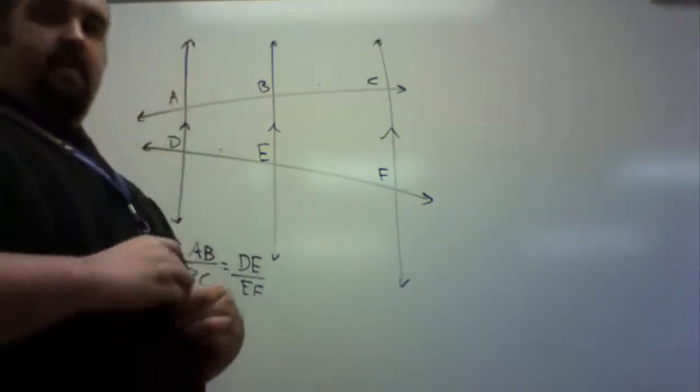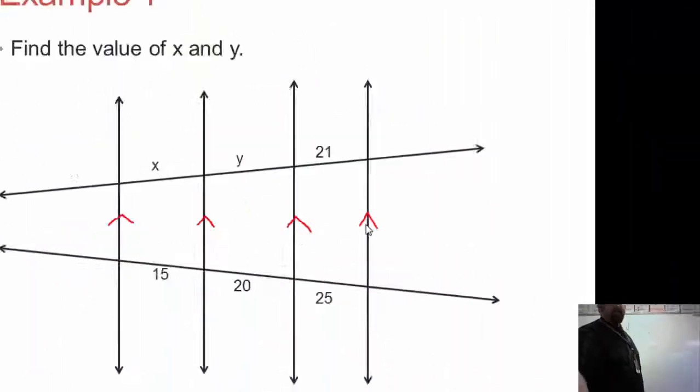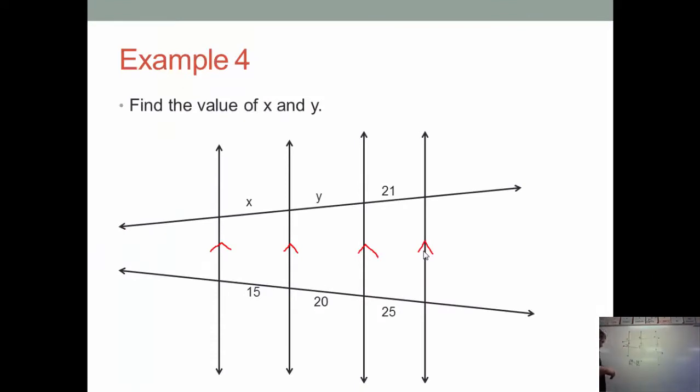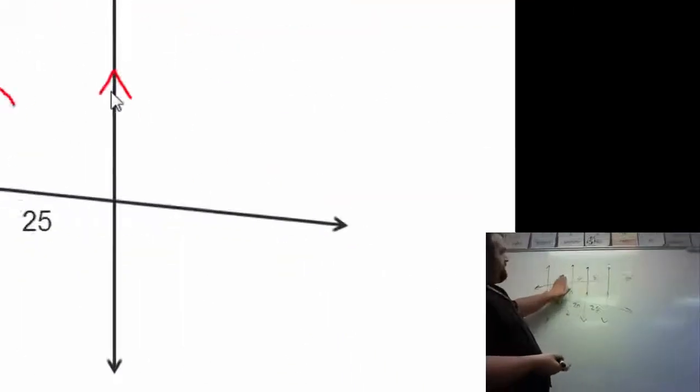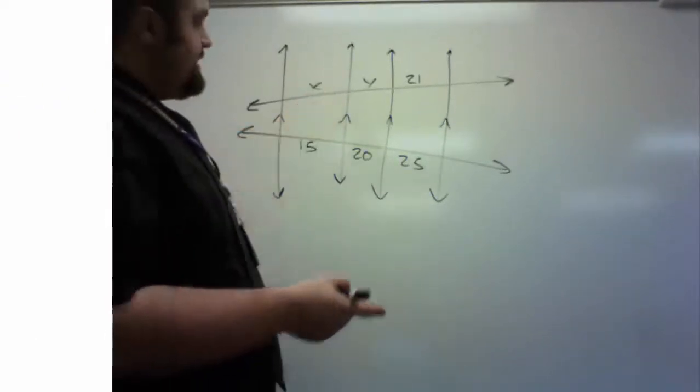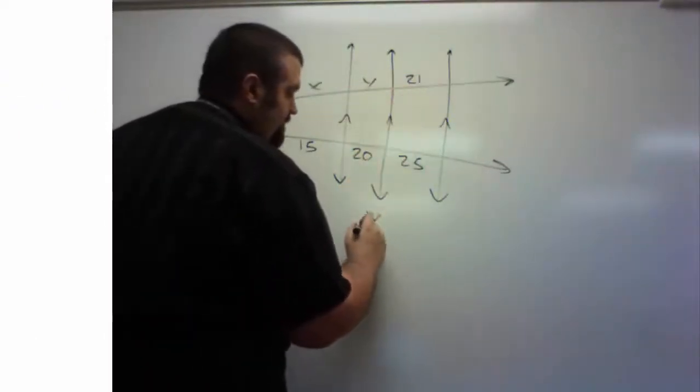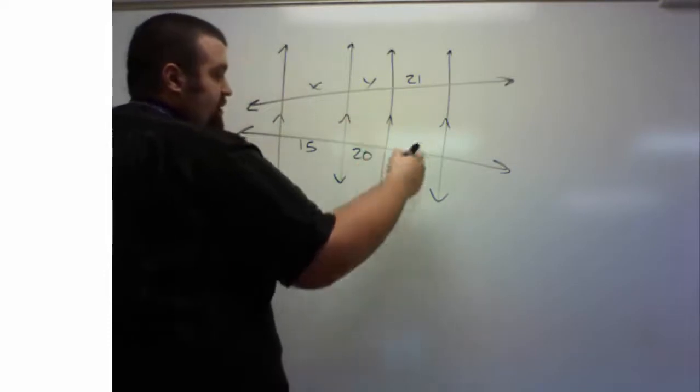Awesome. Let's apply this. I want you to find the values of X, Y, and Z, and I give you a picture that has 3 or more parallel lines. In fact, it has 4. Alright, so I look. If I pretended that this part wasn't here, I could then say Y to 21 has to have the same ratio as 20 to 25.